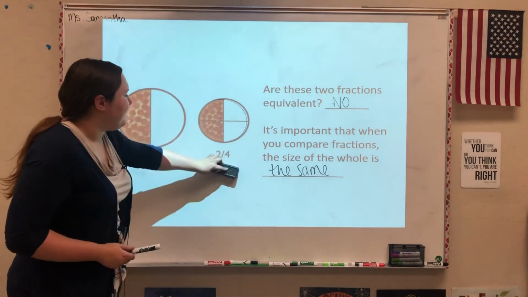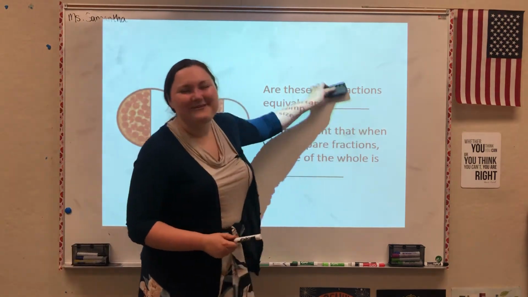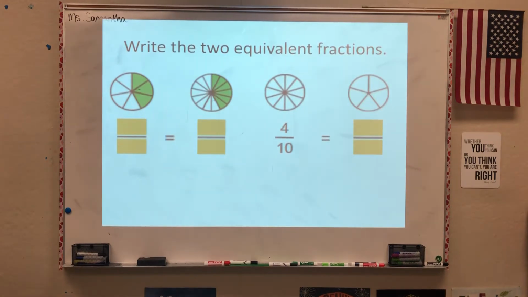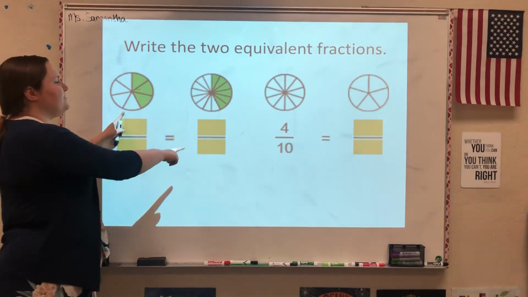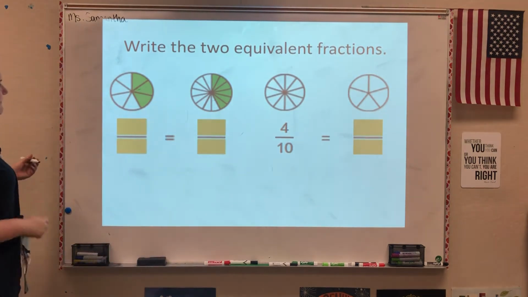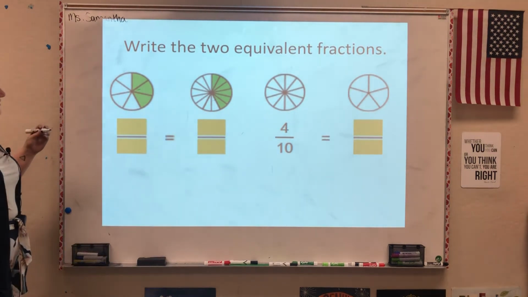Now that we've talked about that little reminder about how they need to be the same size, we can go into these here. So for these problems, it's asking me to write the two equivalent fractions. So I'm looking at two circles here. I see that the circles are the same size. And if I'm looking at them, they've already got some shaded in green.